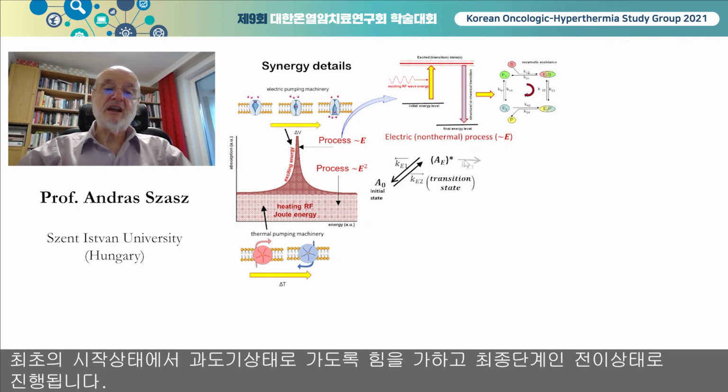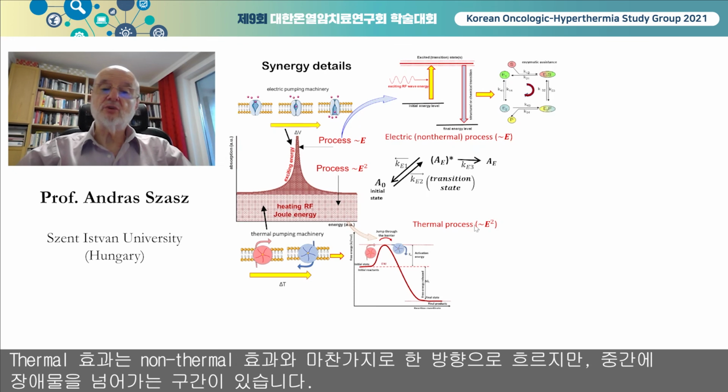So it means that we have the initial state A0, and this is forced to go to the transition state and from the transition state to the end state, and this is the process of the non-thermal effect. The thermal effect also goes that way, but this is a jump through the barrier, the normal Arrhenius jump, and this barrier jump makes it possible for the ion to go through the membrane.